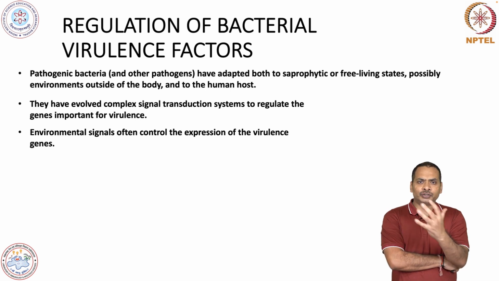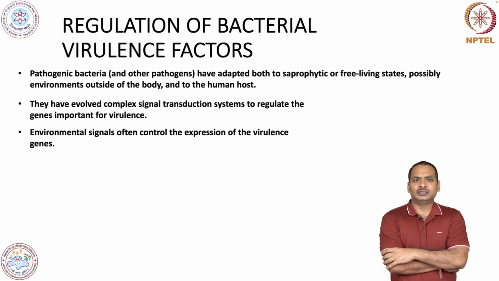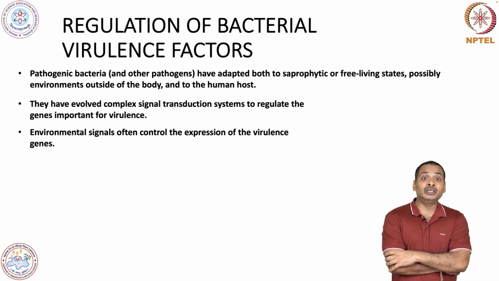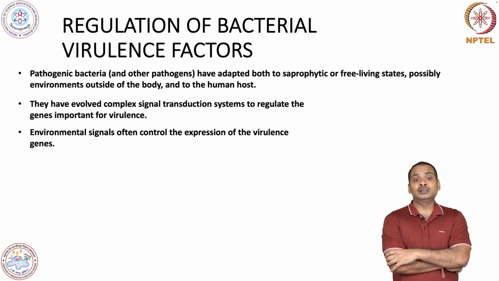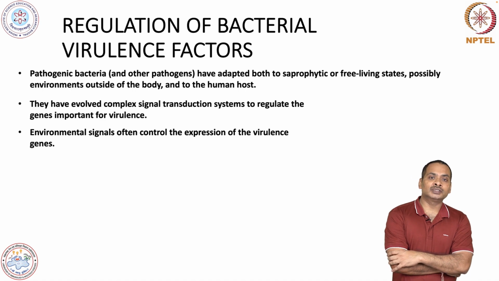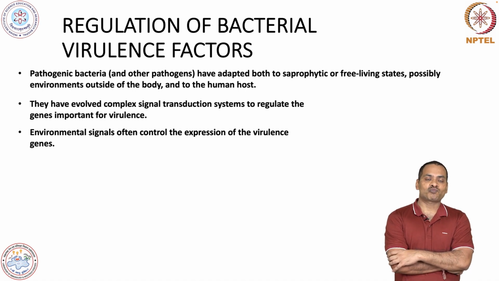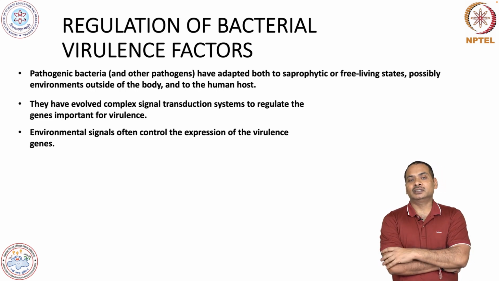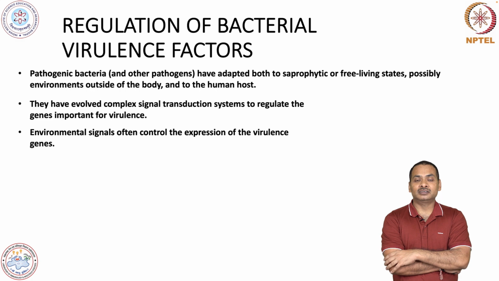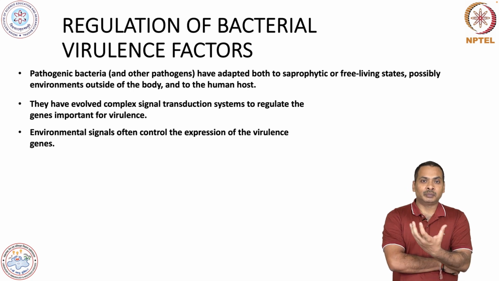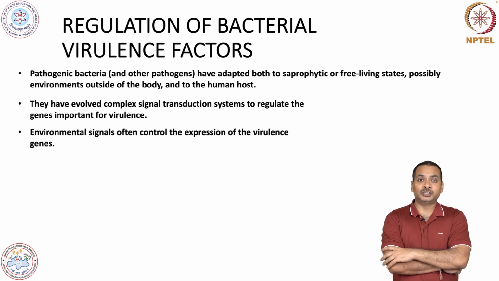So if you see very grossly, you can understand that environmental signals often control the expression of virulence genes. You have seen previously that there are pathogenicity islands and mobile elements associated with pathogenicity.